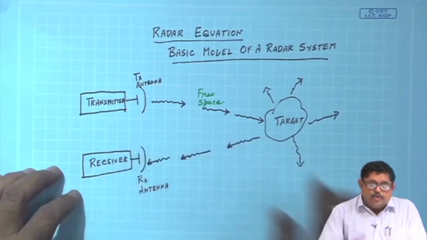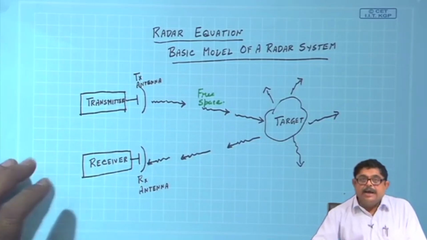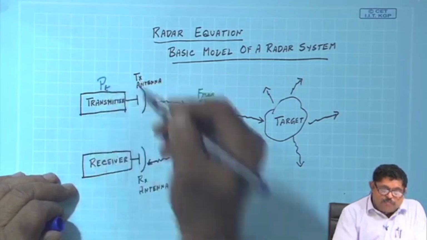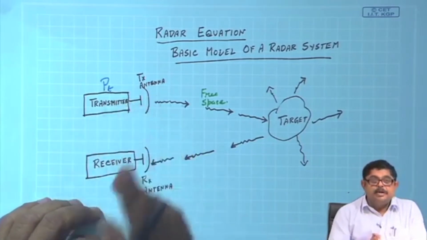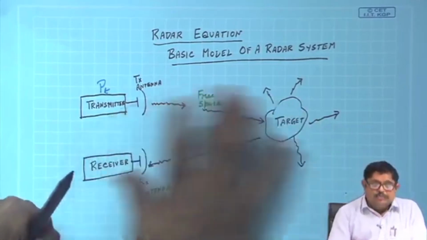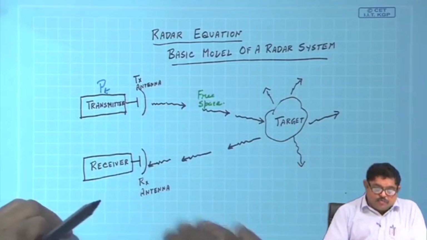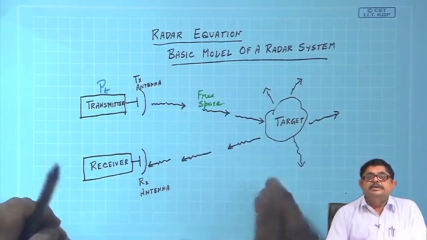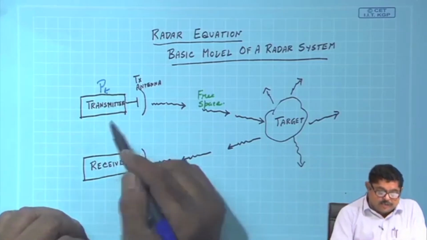Now, if we want to describe this model mathematically, let us say the transmitter has a peak power Pt. Here I am writing PT, but remember this is the peak power. This model is valid for all types of radar, but we will try to understand it later with pulse radar, because that is easier, though the model is valid for CW radar and other types of radar also.